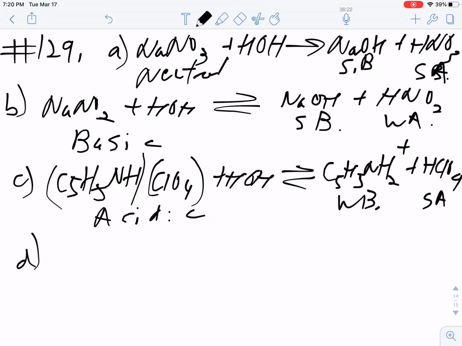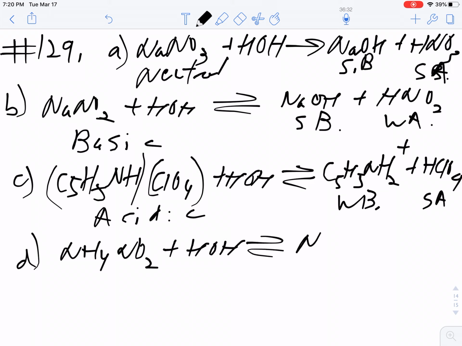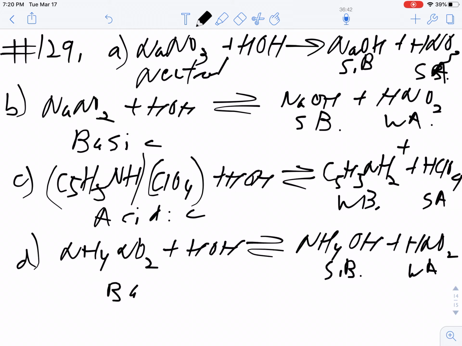D, NH4NO2 plus water. It's going to give us ammonia plus HNO2, weak base, weak acid.